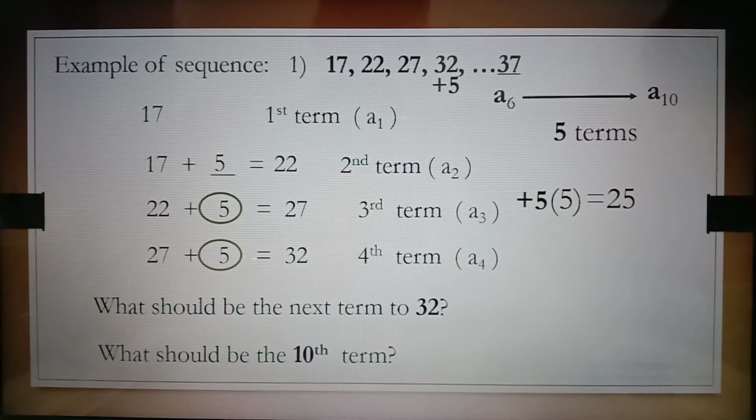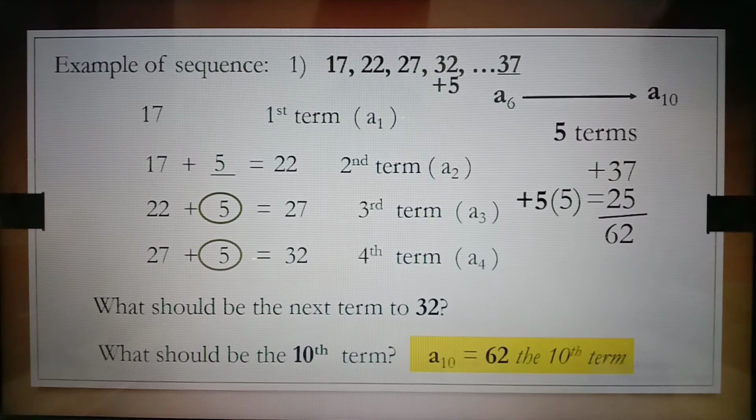Then this will be added or idadagdag natin sa last term or the 5th term na 37 plus 25, ibig sabihin 5 pang term na idadagdag will give you 62. So therefore, the 10th term or a sub 10 is equal to 62.